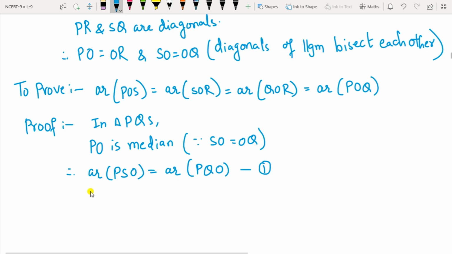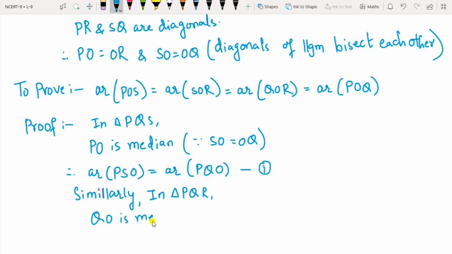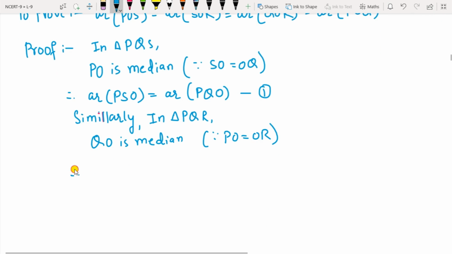Then similarly, in triangle PQR, QO is median. The reason is since PO equal to OR, and therefore area of PQO will be equal to area of QRO.